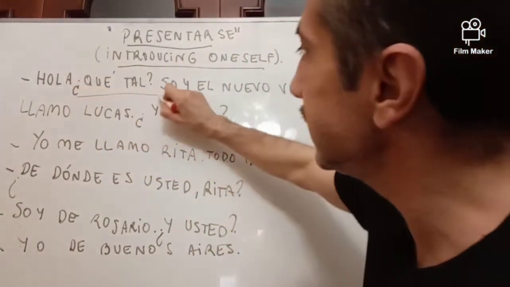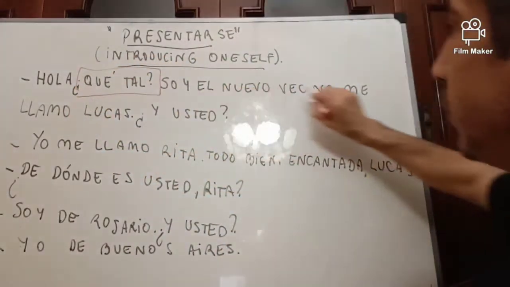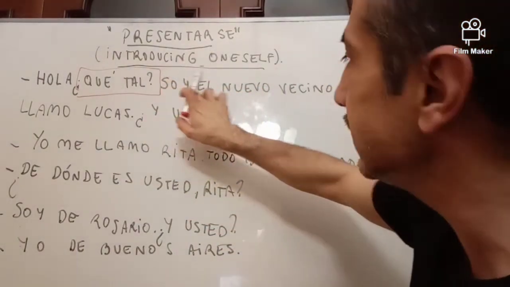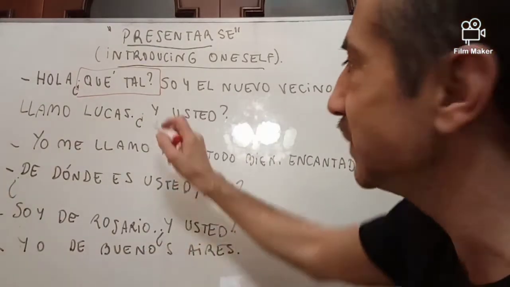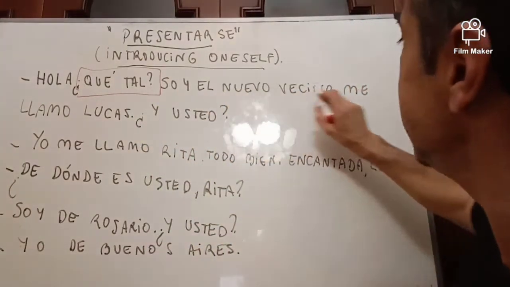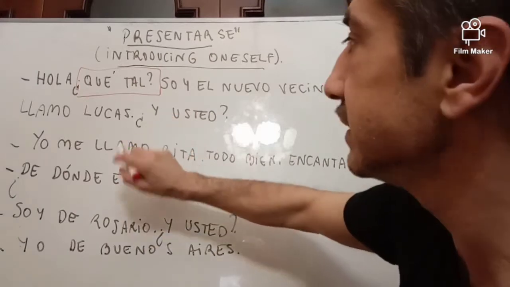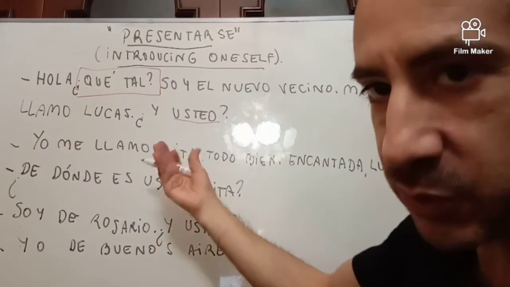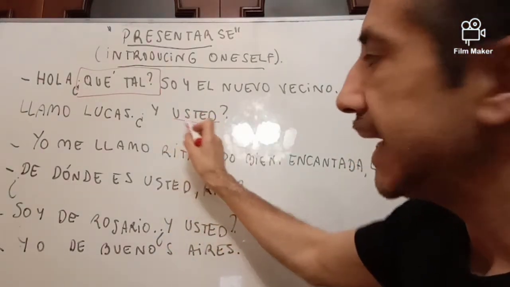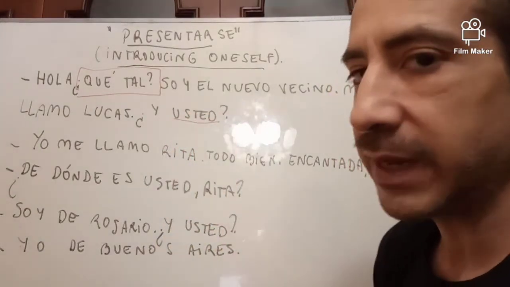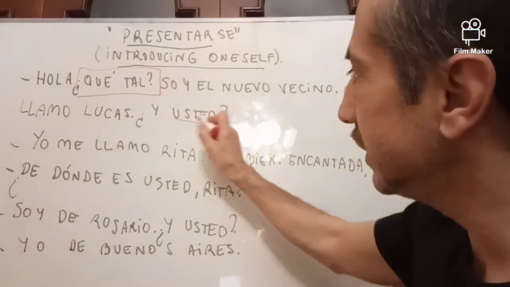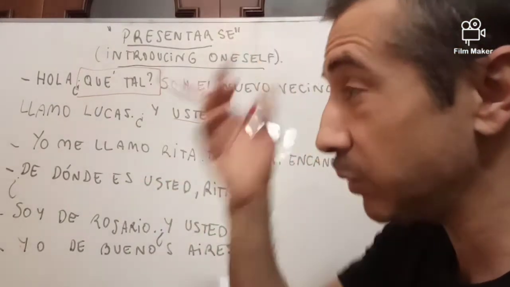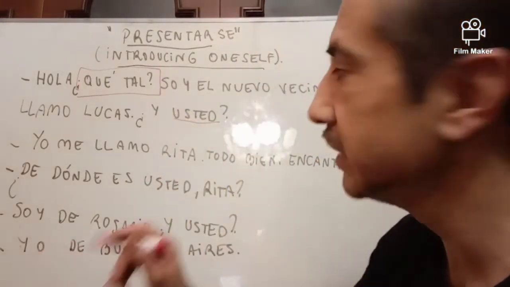Hola, ¿qué tal? This is new. Hola, ¿qué tal? Soy el nuevo vecino. Well, you've seen this sentence many times with me, at least. Soy el nuevo vecino. Me llamo Lucas. ¿Y usted? This is not new, but as you may notice, as this dialogue is a formal one, now we are going to address the other person by using the pronoun usted instead of tú.